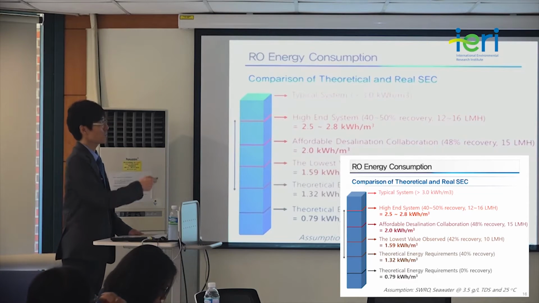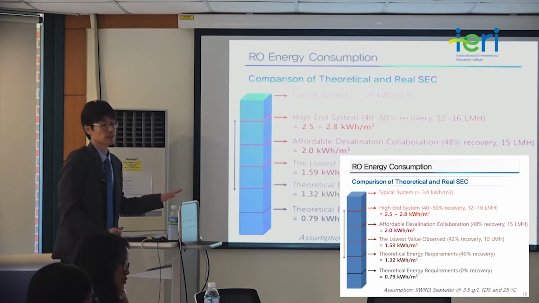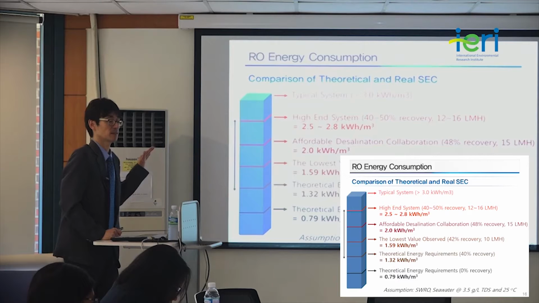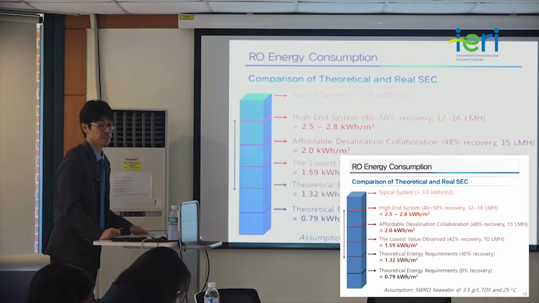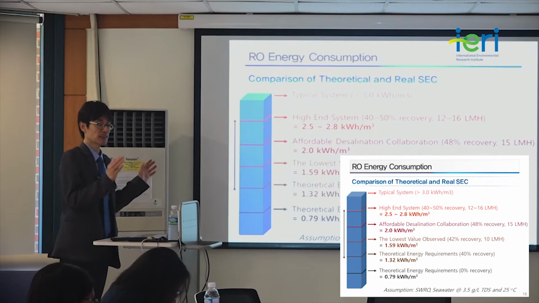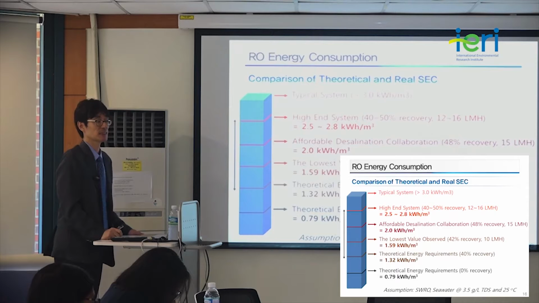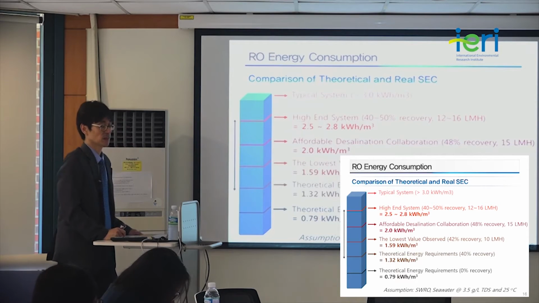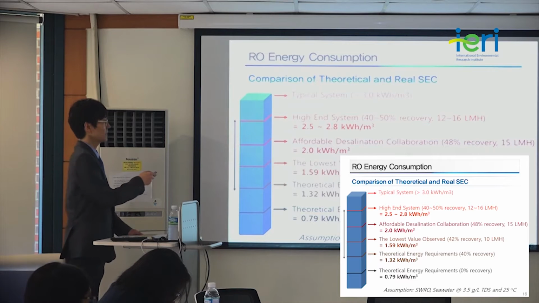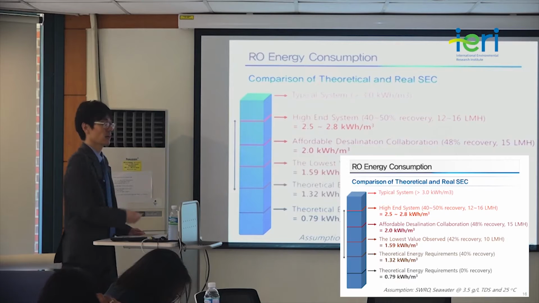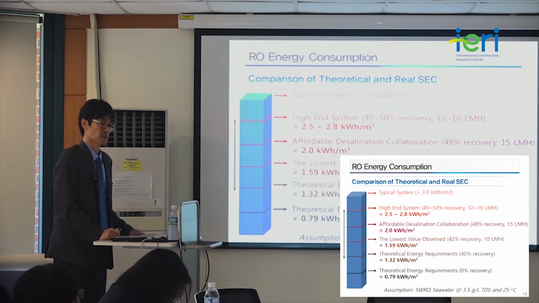In a typical system, if the capacity of the desalination plant decreases, the SEC value increases, because if you build the system smaller, the efficiency will decrease again. So if you decrease the system size, you will have a higher value of specific energy consumption.